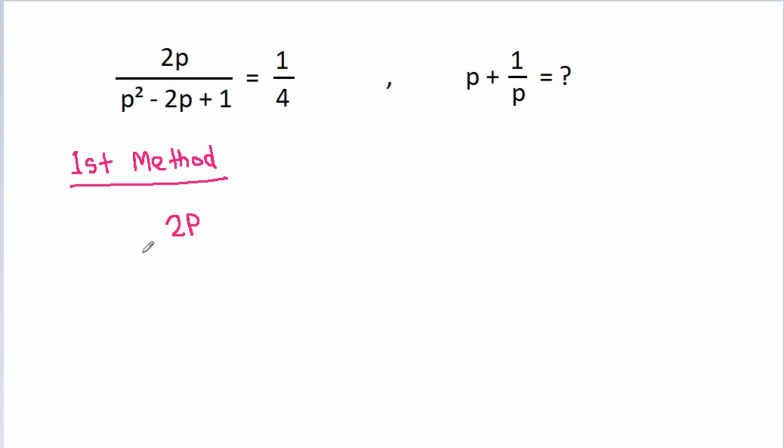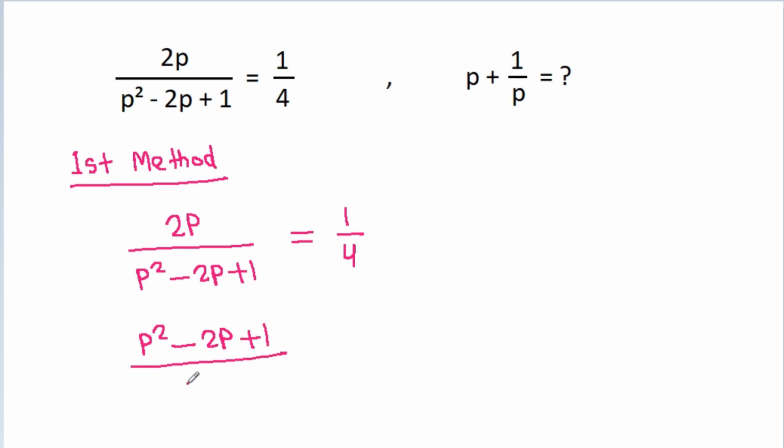we have 2p by p square minus 2p plus 1 is equal to 1 by 4. So p square minus 2p plus 1 by 2p will be equal to 4.